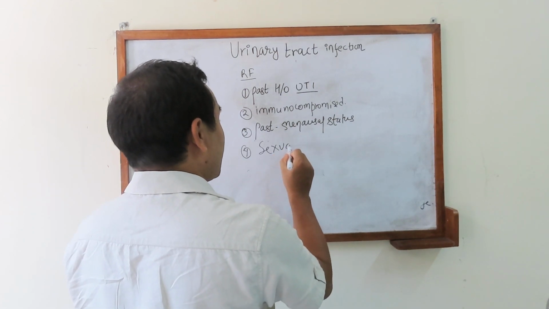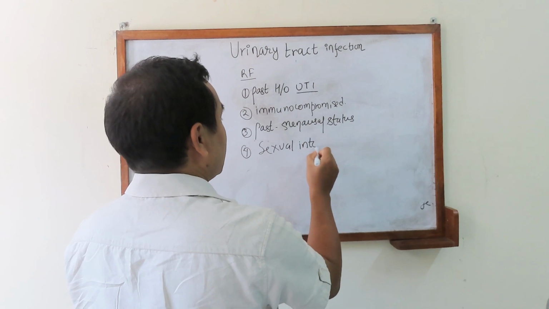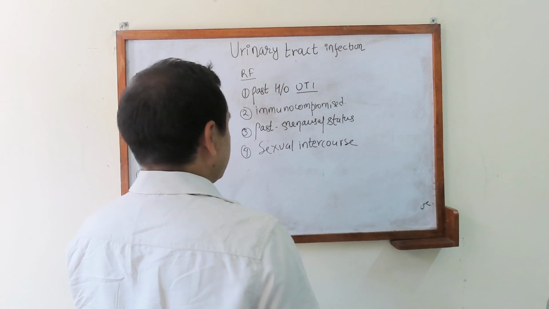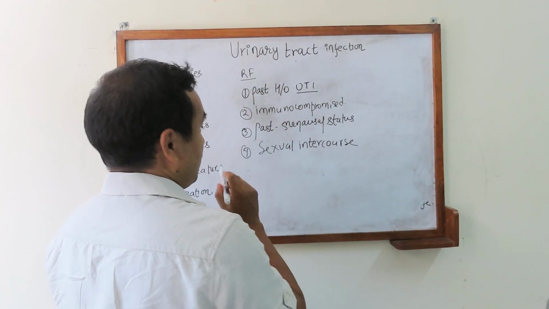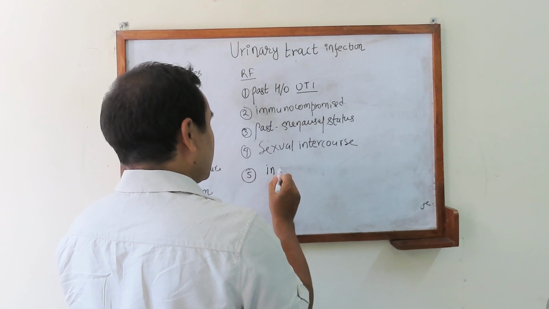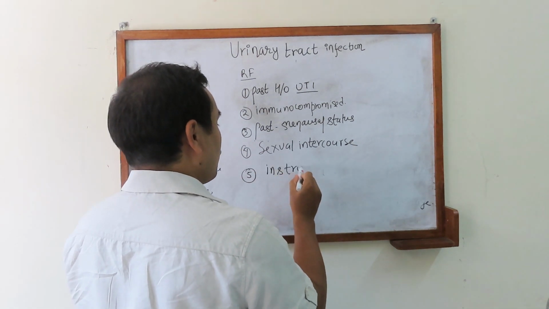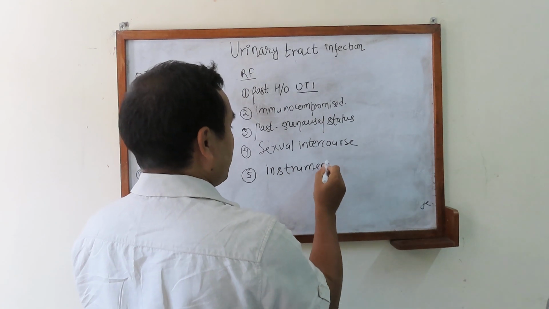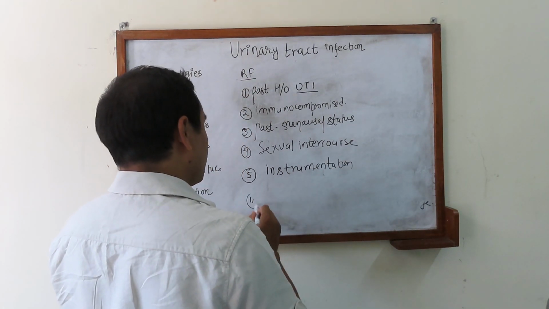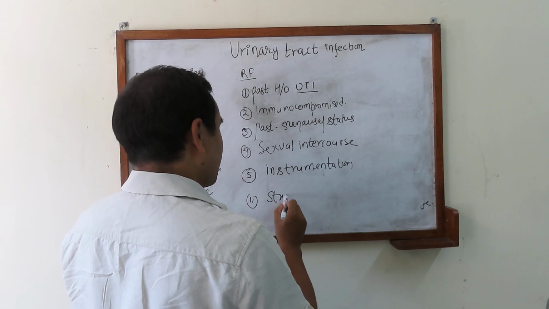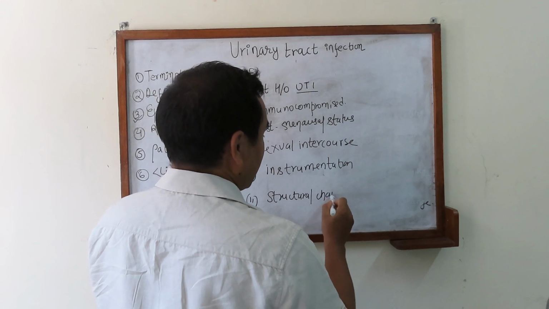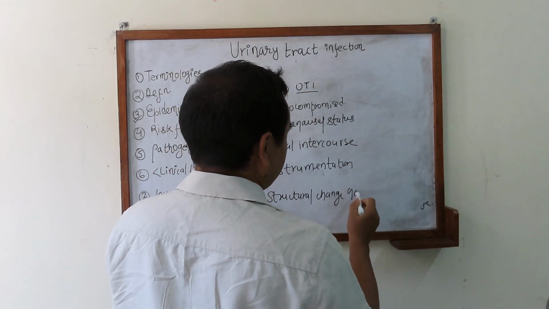If a young female has UTI, the cause may be sexual intercourse. Okay. Then instrumentation is an important risk factor. If you do Foley's catheterization, that is an important risk factor to have UTI. And any structural change in the genitourinary tract.